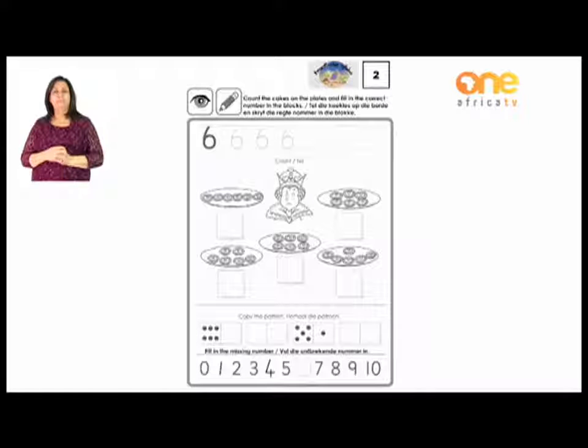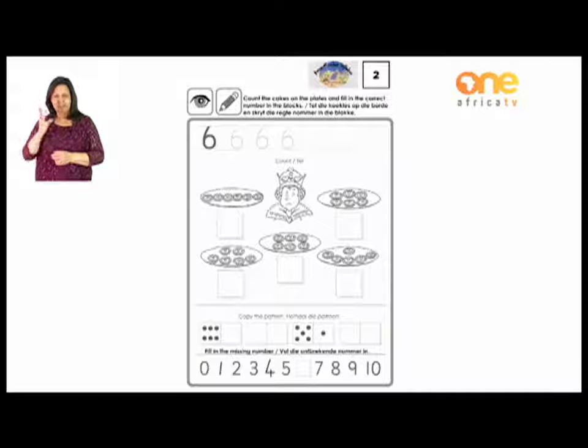When you are done, we need to move to the next activity just below the line on the same page, on page 12. And the instruction reads, copy the pattern. We have 6 dots in the first block, and in the second block, it's empty.